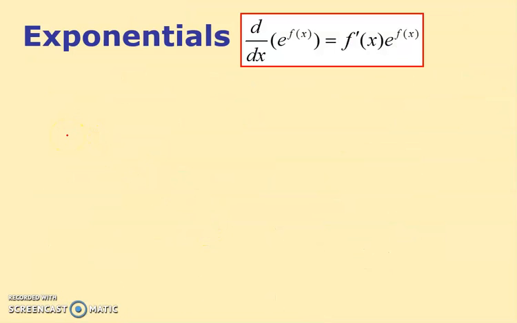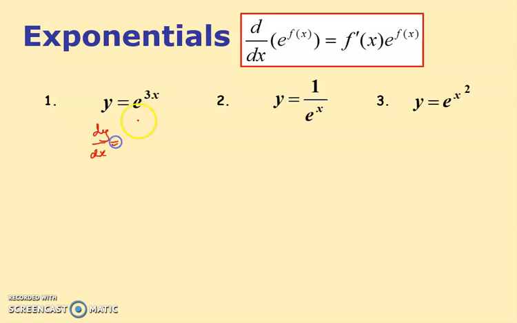Now, you could use this when you differentiate exponentials. Essentially, you treat it in the same way. So here are 3 examples, and you'll notice y equals e to the 3x. So when I differentiate, this is what I do.